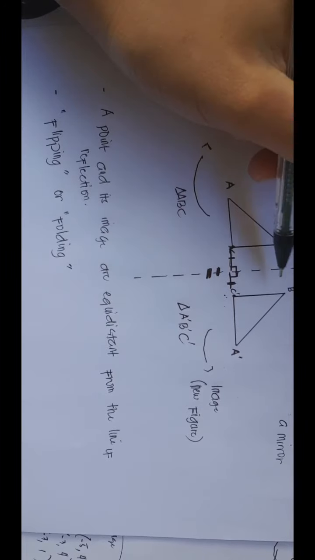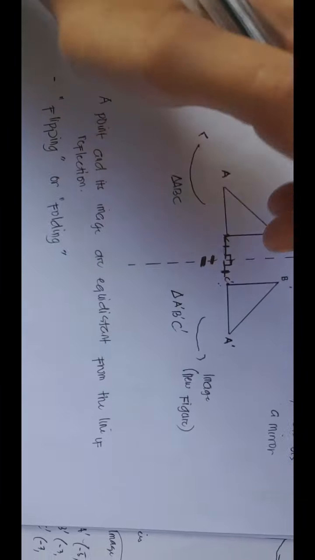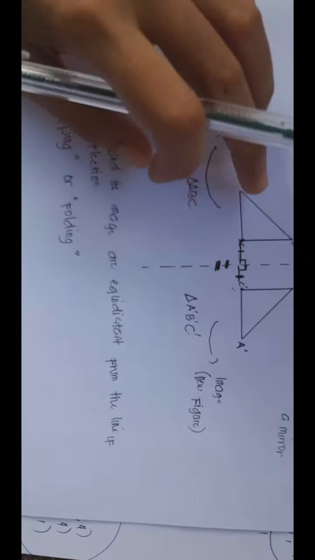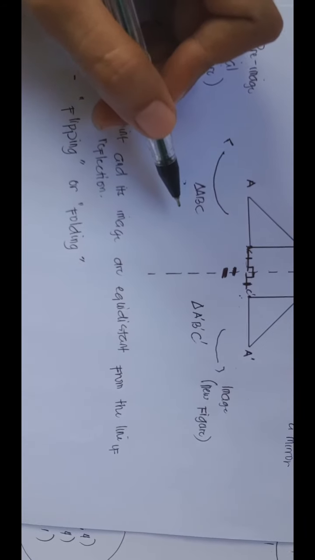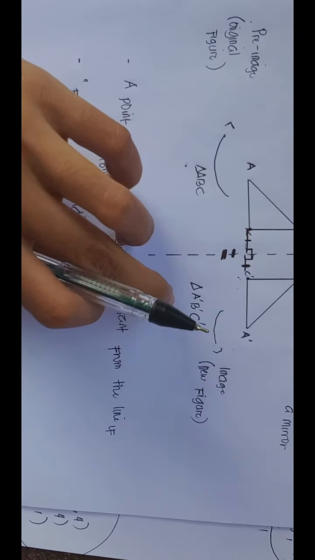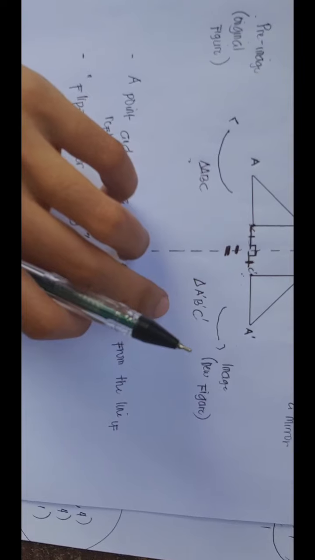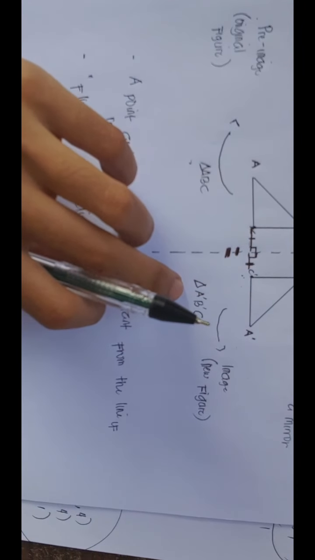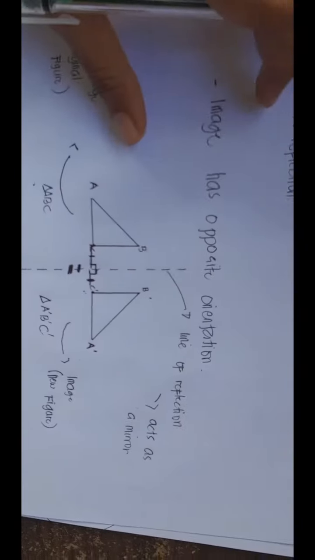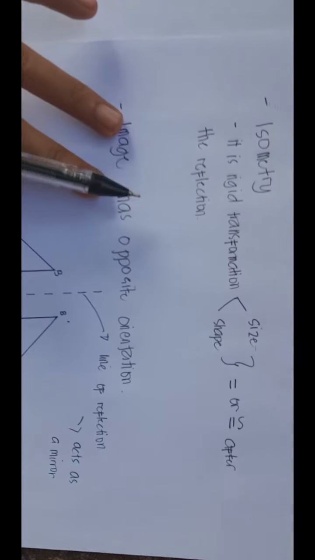Therefore, it is a transformation that uses a line, this line here, which is the line of reflection, that acts as a mirror, with an original figure, triangle ABC, reflected in the line to create a new figure, and that is triangle A prime, B prime, C prime. And that is what we call reflection.